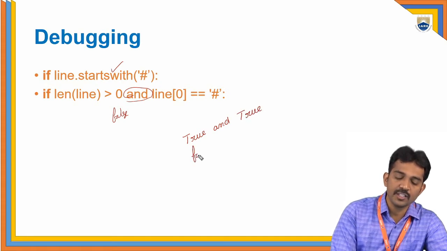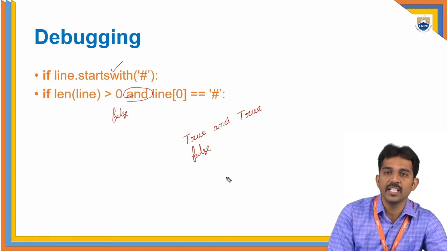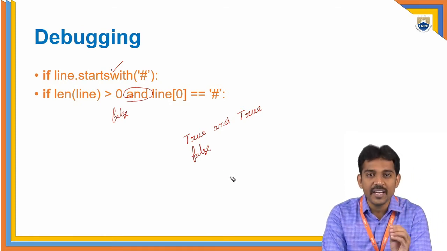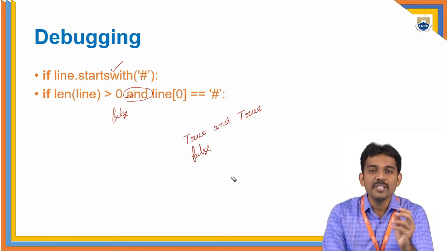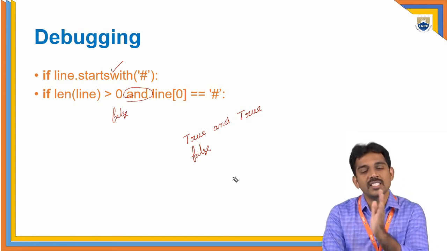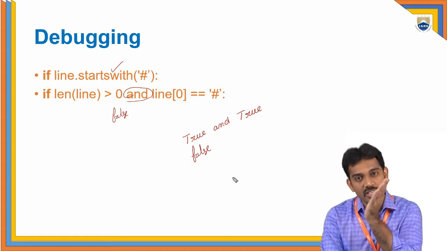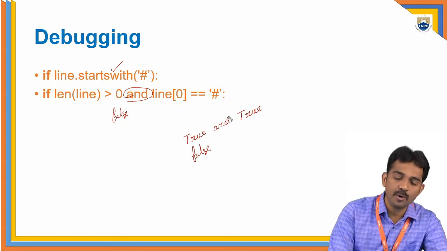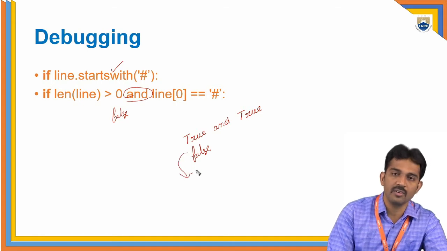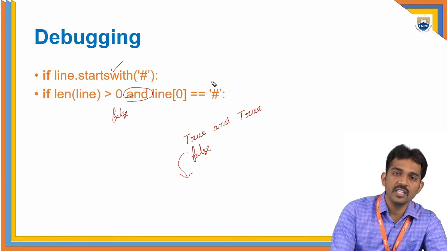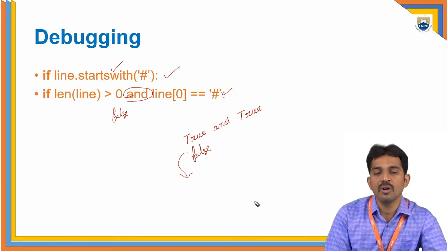If the first statement is false, the interpreter has no need to check the second part of the statement. That means if the first part of the AND operator is false, it simply skips from there. So using either the first statement or the second statement, we are going to solve our situation, right?